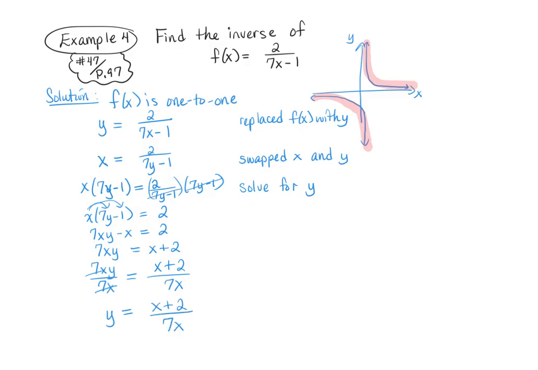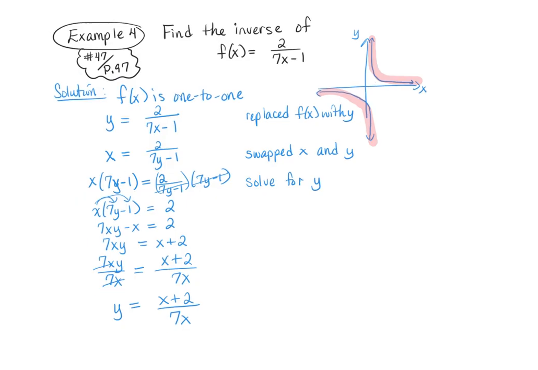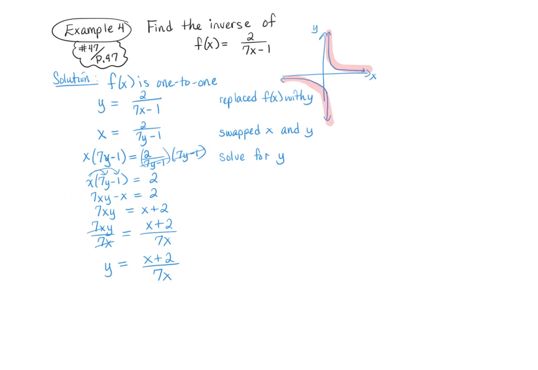Now the last step is we want to replace y with f inverse of x. So we have f inverse of x is equal to x plus 2 over 7x. And we are now complete. So we found the inverse of our given function f of x equals 2 over 7x minus 1.